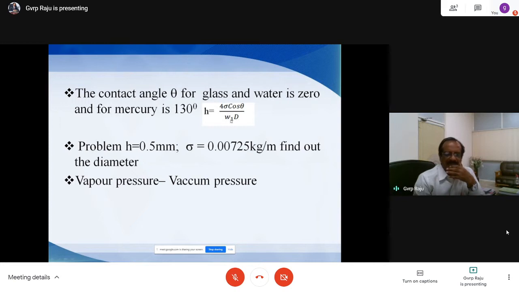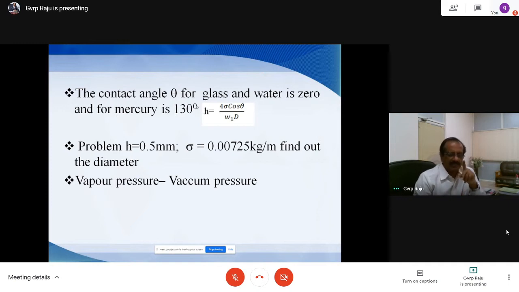W is the specific weight here, specific weight of the fluid. If it is water, we can take the specific weight of water. If the specific gravity of the fluid is 0.9, then the specific weight of fluid is 0.9 into 1000, because the specific gravity of the fluid is the specific weight of the fluid by the specific weight of water.